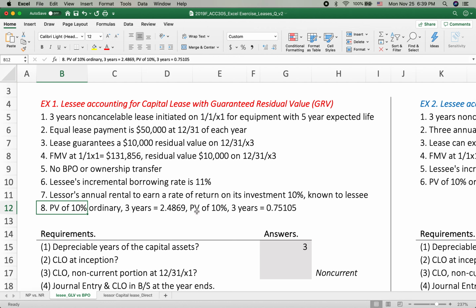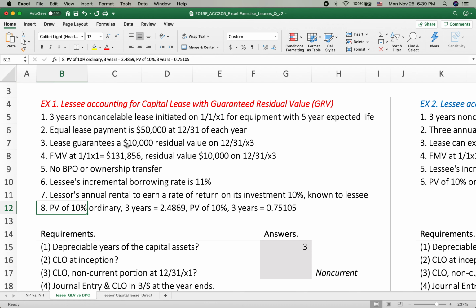And then the present value factor of 10% is 0.75105. That present value factor is not the annuity factor. That is the factor of just the present value of one-time future cash flows. What is that value in 3 years? Right. This $10,000 lease guarantee is part of this capital lease asset in 3 years.